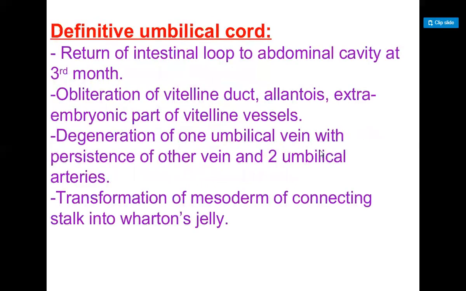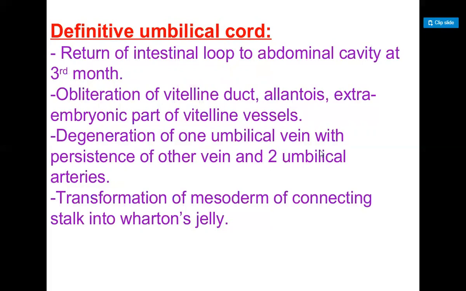Then there is a return of the intestinal loop to the abdominal cavity at the third month, and obliteration of the vitelline duct and the extraembryonic part of the vitelline vessels, and degeneration of one umbilical vein with persistence of the other vein and two umbilical arteries.